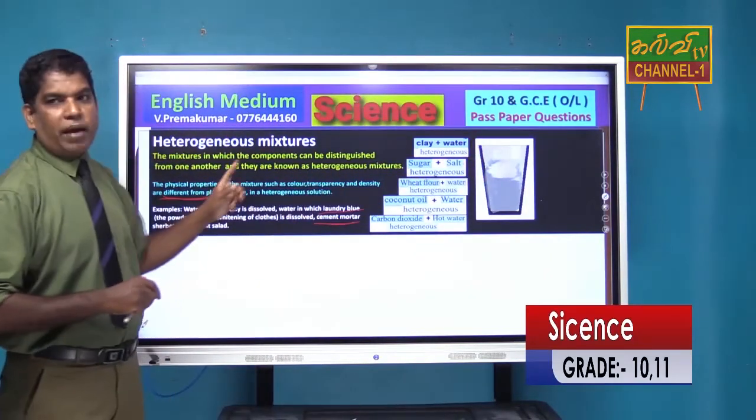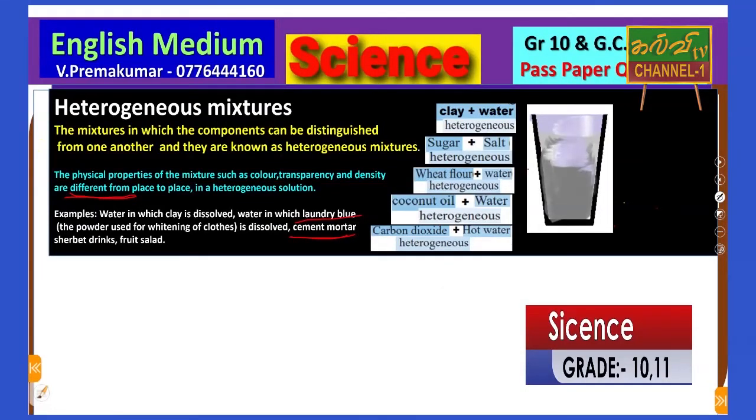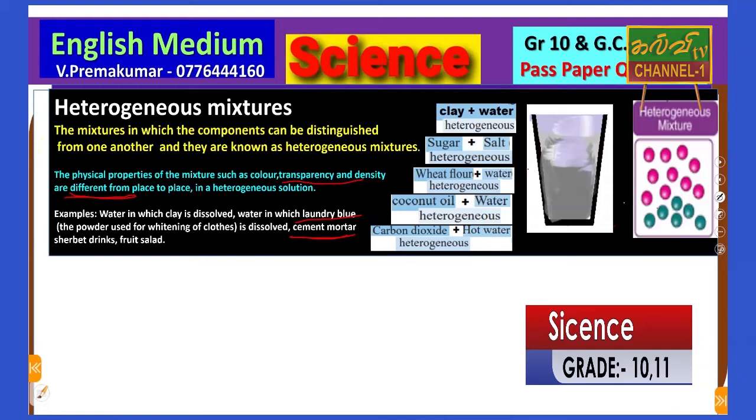That is the reason they have mentioned here that physical properties of the mixtures such as color, transparency and density differ from place to place in a heterogeneous solution, right. So in the top area we can find different molecules, and the heavy molecules are in the bottom part. So the structure is different, not like this.